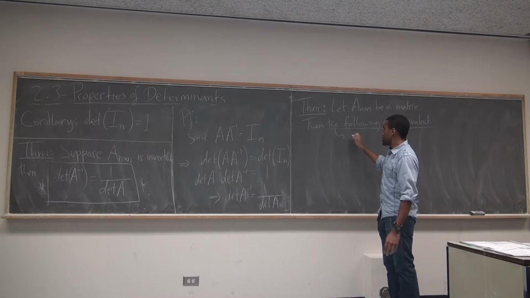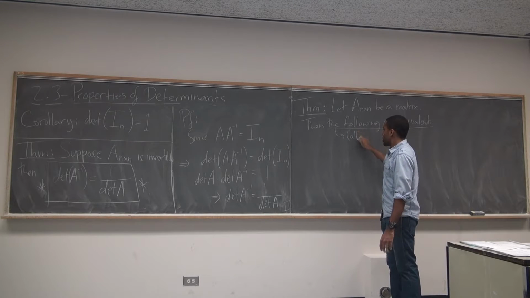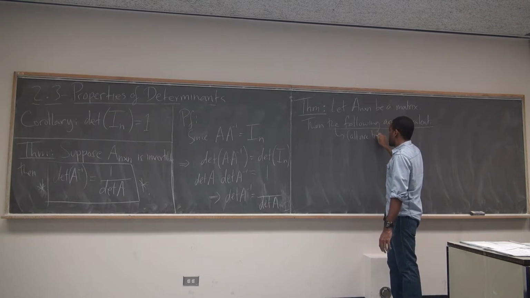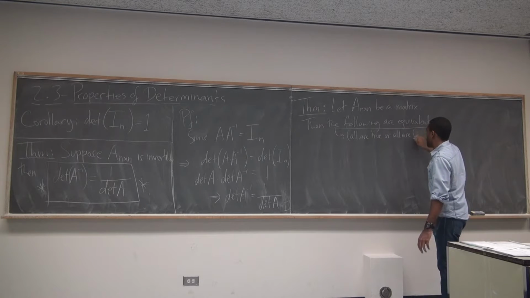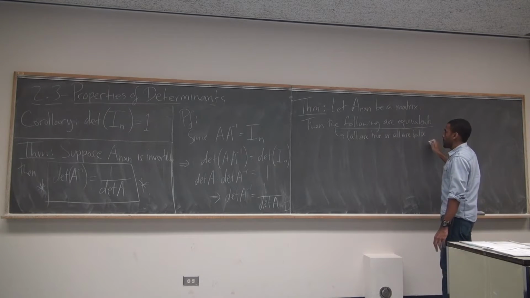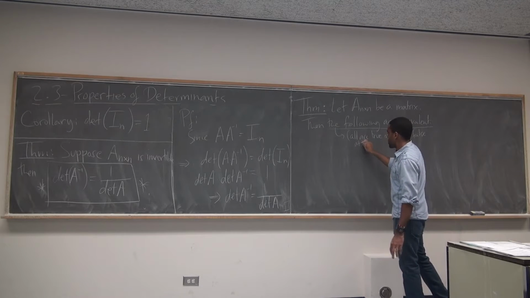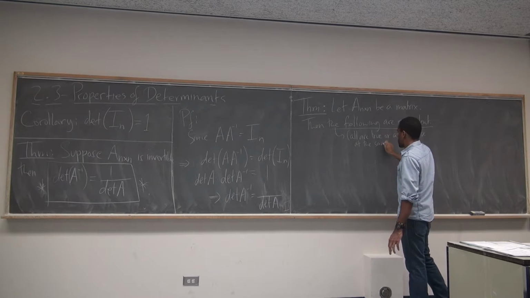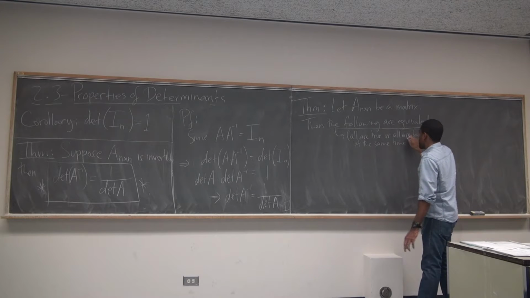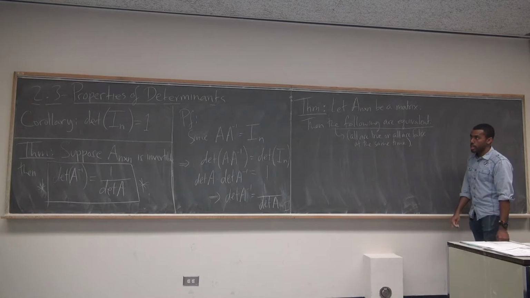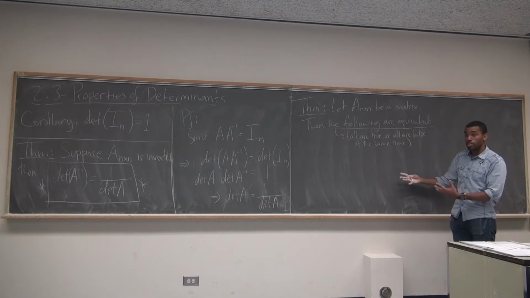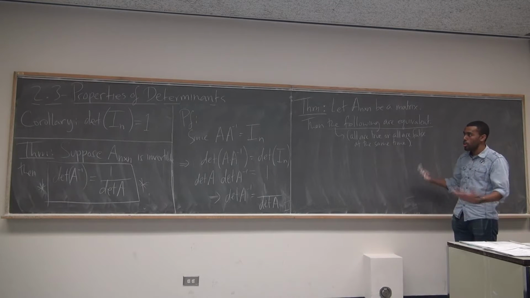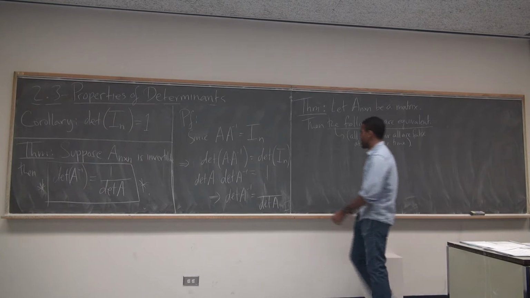Basically what it means is all are true or all are false at the same time. Equivalent means the statements agree in every instance. So once you know one of them is true, you know all of them are true. If you know one of them is false, you know all of them are false. They will all coincide all the time.